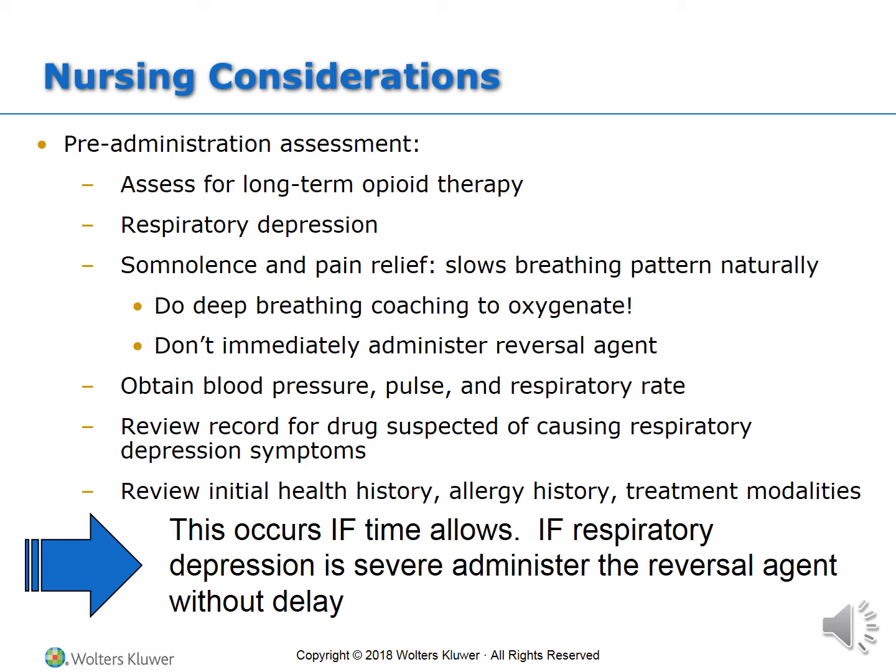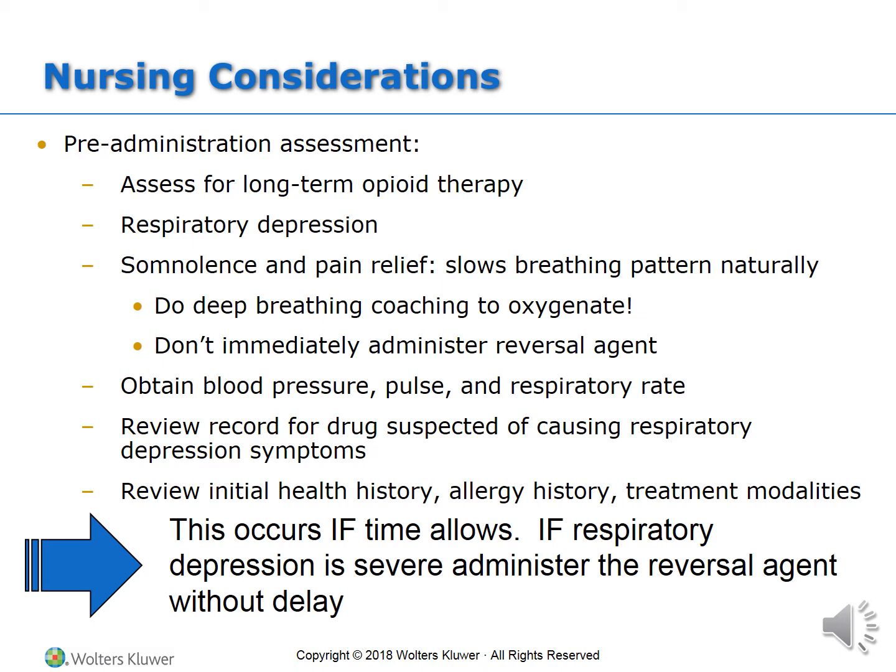Before administering an opioid antagonist like naloxone, you need to do some pre-administration assessment if possible. Assess for long-term opioid therapy. Are they somebody that's going to be physiologically dependent, and could you cause withdrawal if you give it too fast or too much? Assess for respiratory depression. We are definitely going to be concerned if somebody has breaths below 10 per minute. You need to evaluate for somnolence or a decreased level of consciousness.